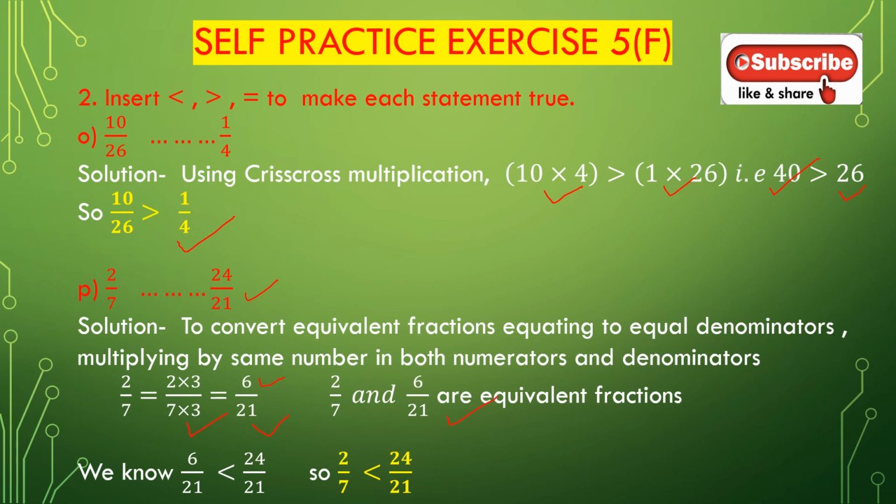So 2/7 is equivalent to 6/21. And 6/21 is less than 24/21, as numerator 6 is less than the numerator 24. So 2/7 is less than 24/21.